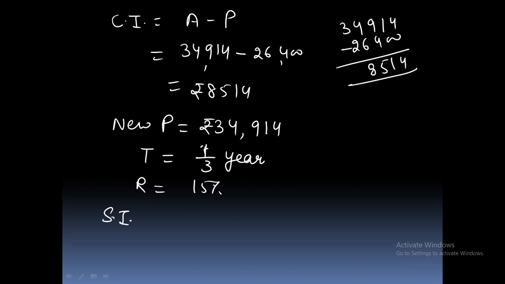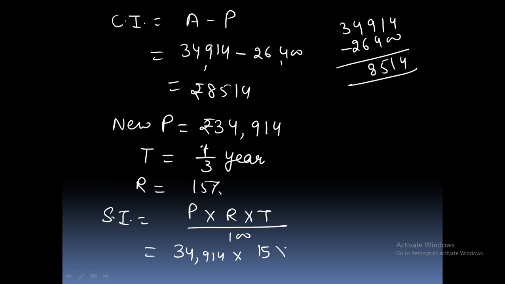Simple interest is equal to P multiply R multiply T over 100. 34,914 multiply 15 multiply 1/3 over 100. Here 5 threes are 15, 5 twenties are 100. Then 3 threes are 3.